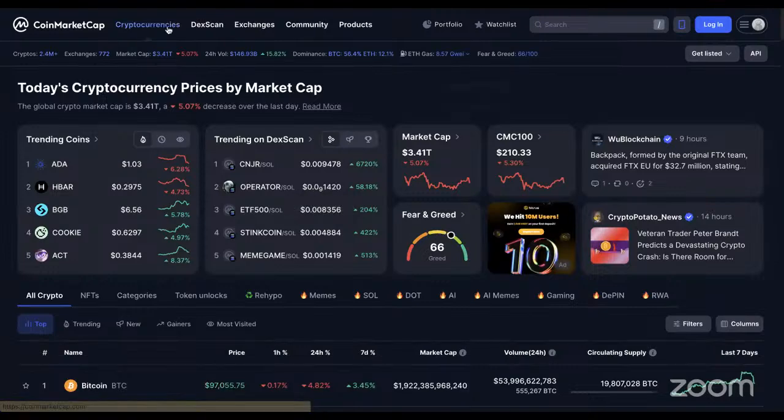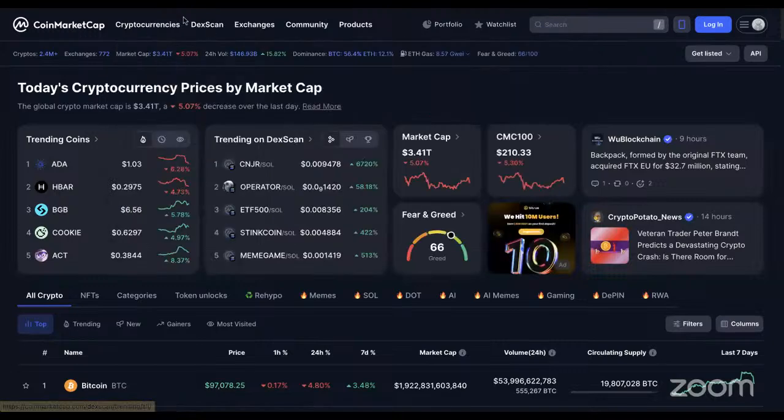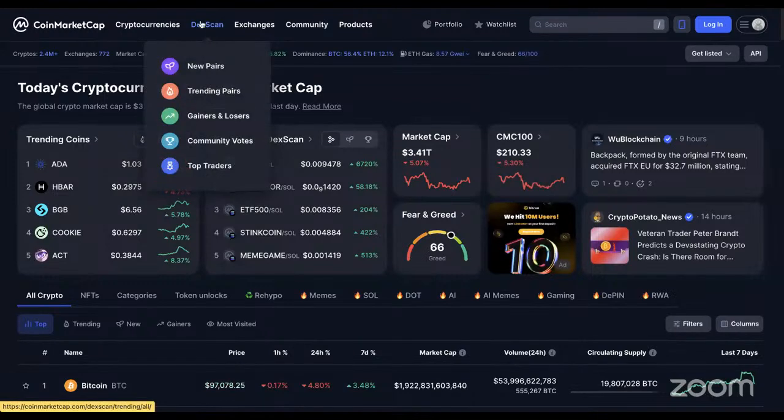So here you have cryptocurrencies available based on their ranking, and trending ones, which is very, very important. But here you have DexScan to look for new assets that are launching into the market. When an asset in the crypto world launches, token or NFT or coin or whatever it is, they first launch on a DEX, decentralized exchange, before they go onto a CEX, centralized exchange.